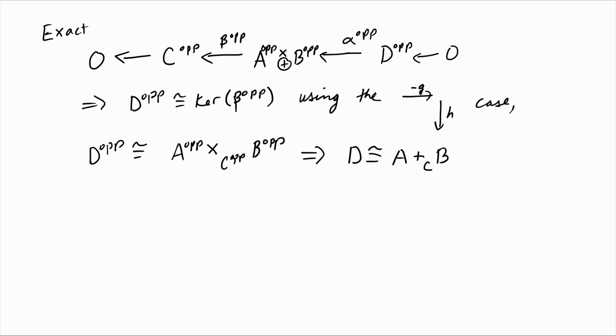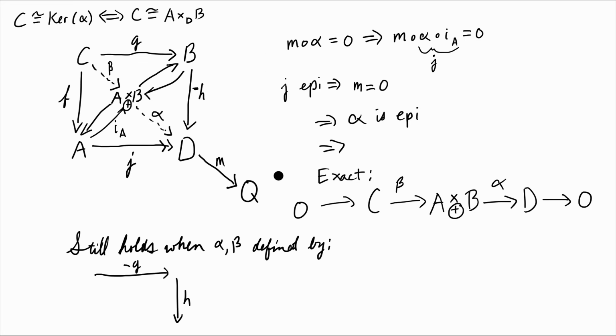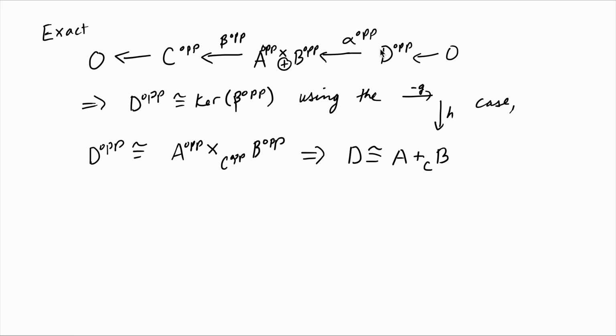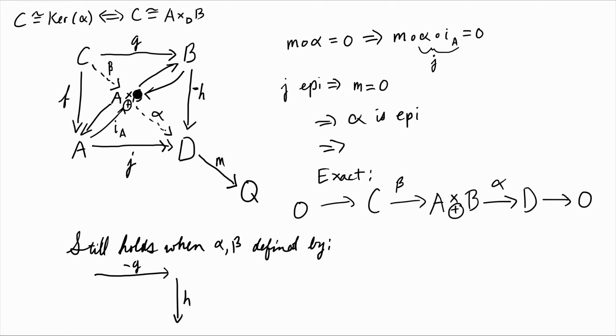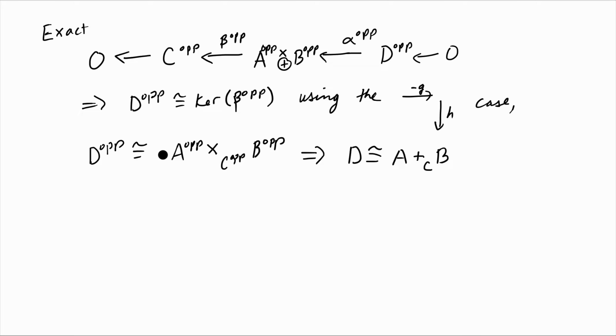So now, since this is exact, if we apply the opposite functor, this will be exact right here, which implies that this guy is the kernel of beta op. So in the opposite category, if you just took the opposite of everything we were just working with, that shows you that since this is isomorphic to the kernel of this beta going backwards that way instead of the alpha, it's all backwards, you actually get that D op is isomorphic to the fiber product in the opposite category.